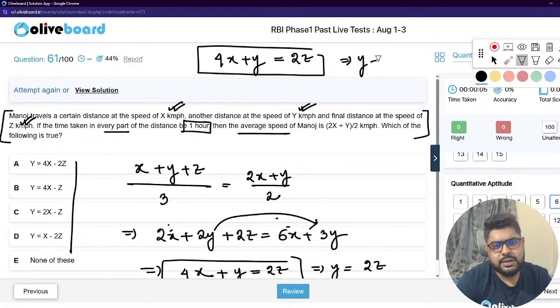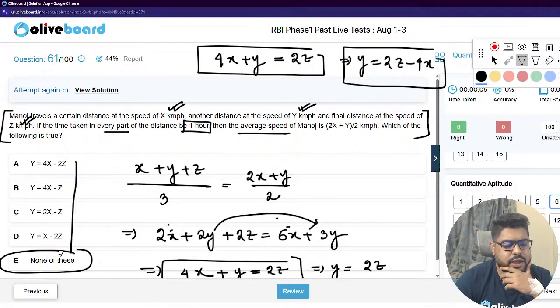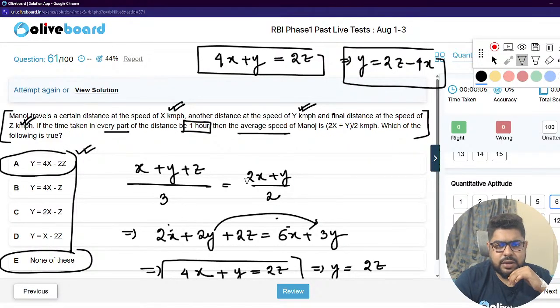So y is equal to 2z minus 4x. Is there anything like that? 2z minus 4x is not there. So none of these should be the answer. But 4x minus 2z is there. Did we make some plus minus mistake?